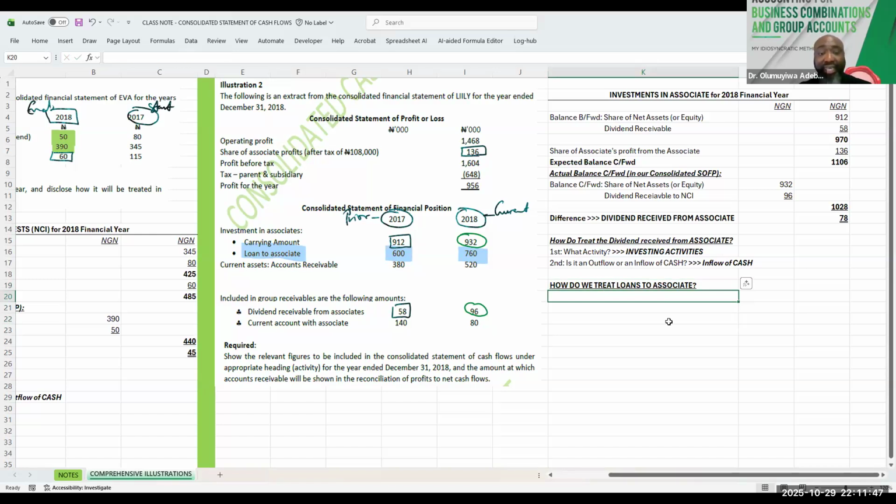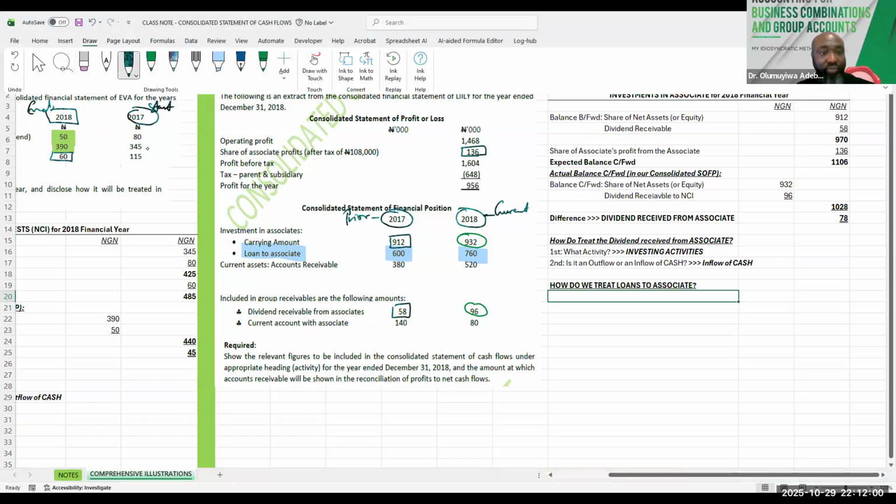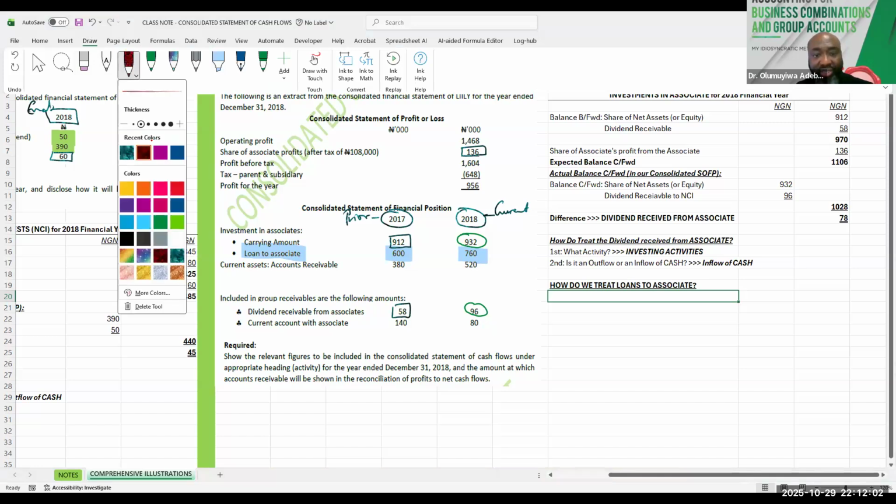In similar vein, we look for the movement. At the beginning of the year, the loan we have in associates was 600.